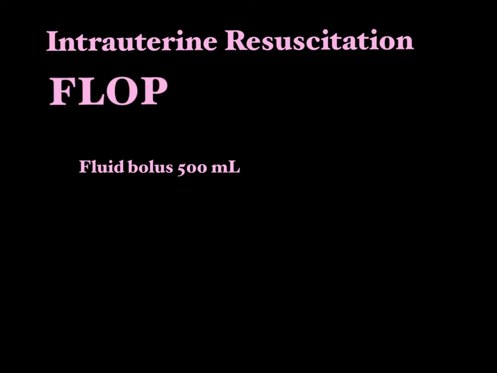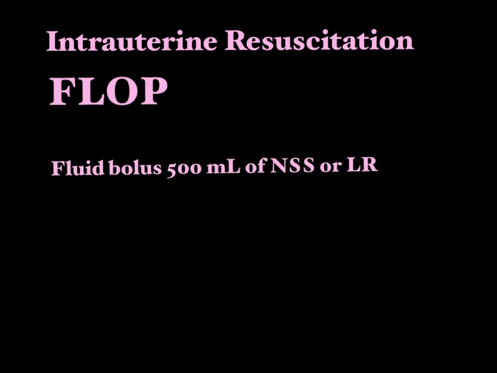But we're not going to do anything with dextrose. Dextrose will stress out the baby more. The baby will have to create insulin. So we'll say normal saline or LR, okay? That's our first intervention. That is our fluid bolus.